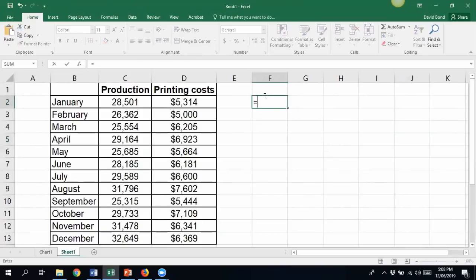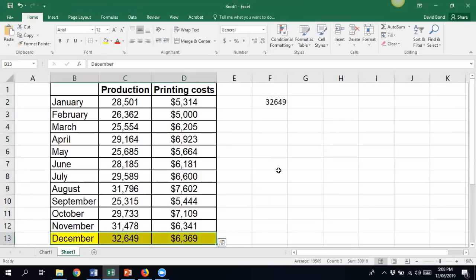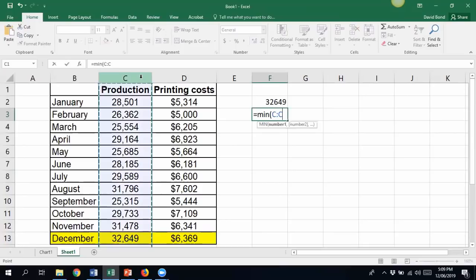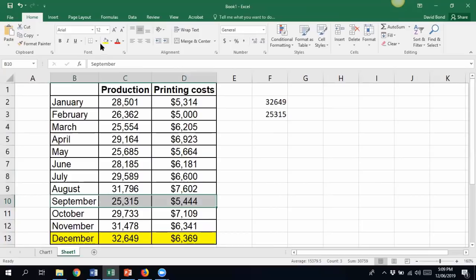So with this, this is the maximum. It's 32,649, and the cost associated with that maximum is what we're using. Then the minimum is 25,315, which is down here, and 5,444.